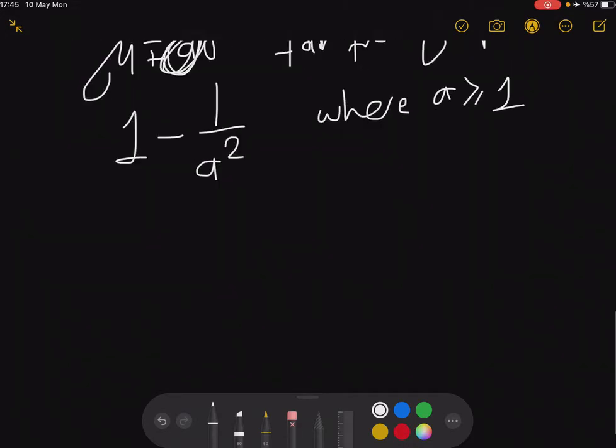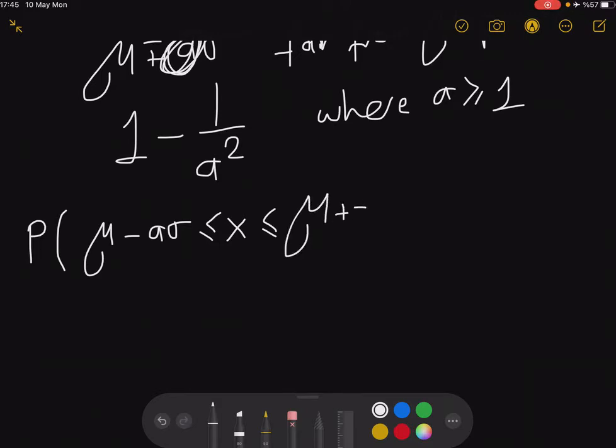So Chebyshev theorem states that the probability of your sample average falling within the range mu plus or minus a sigma should be at least this probability here.